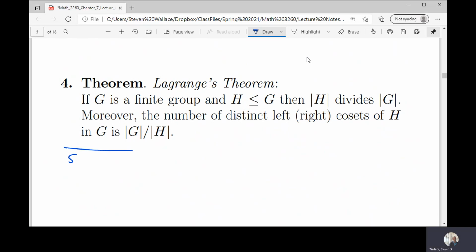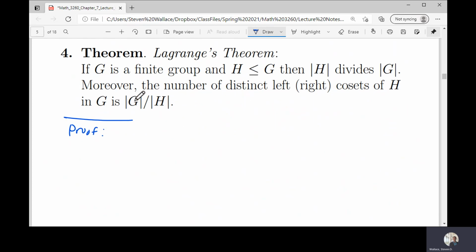a subgroup, then the order of the subgroup divides the order of the group. And moreover, the number of distinct left cosets is also a divisor of the order of the group. It's called the index, but it's this formula here.